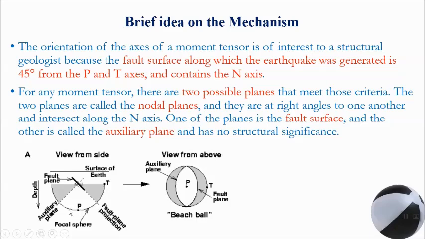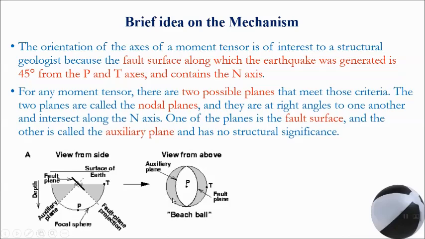So this projection which we will get by projecting this into the southern hemisphere will be represented in this form. Here we can see that the P axis is lying at the center and the T axis is on the right-hand side, and we have these two gray regions on both sides, and the white region in the center.